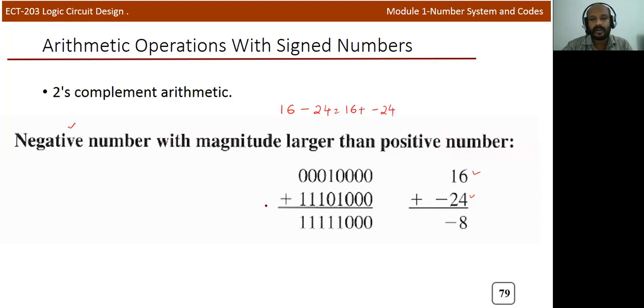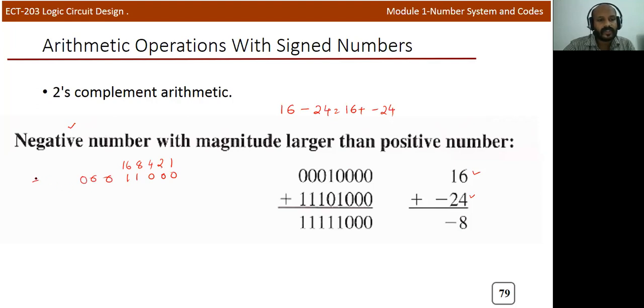So we need to write the binary equivalent of 24 first. Okay. So if you write 1, 2, 4, 8, and 16, 16 plus 8 is equal to 24. So you can write 1, 1, 0, 0, 0. Okay. And now we got 5 bits. We need to add 3 more bits to represent 8.